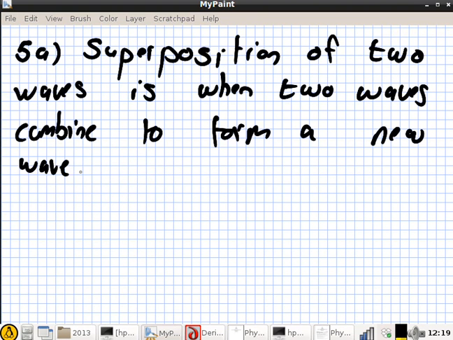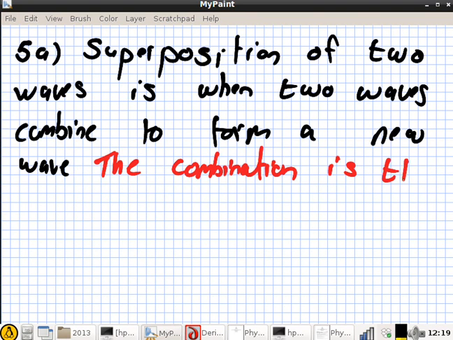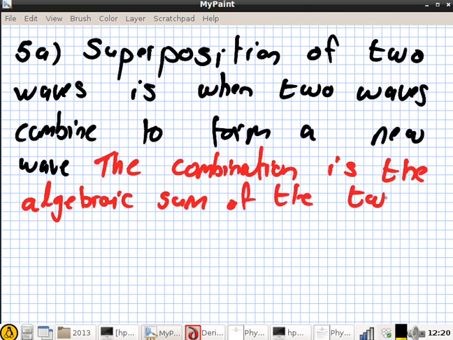Two waves combine. Very good. They combine algebraically. So the combination is the algebraic sum of the two waves.